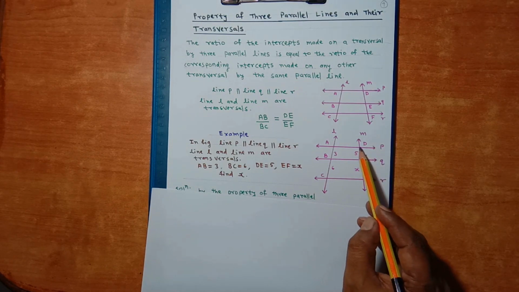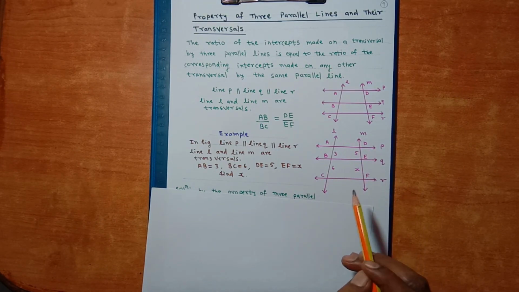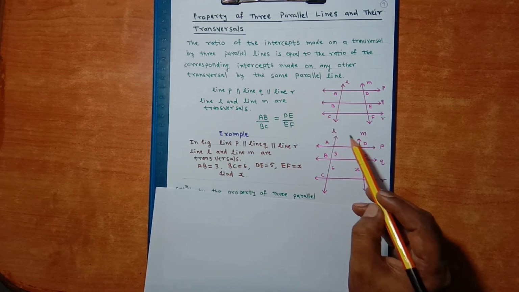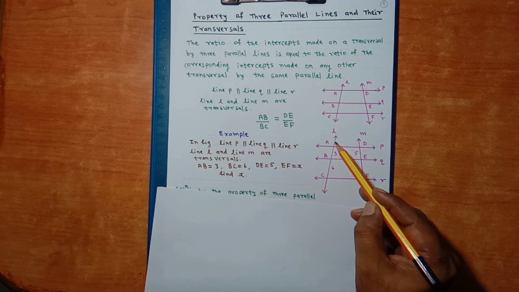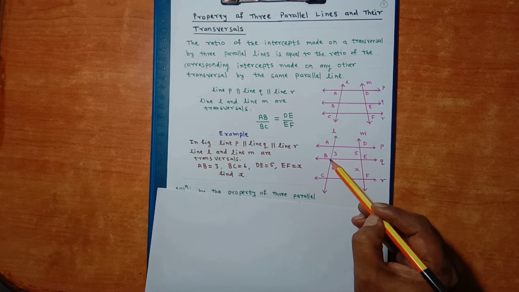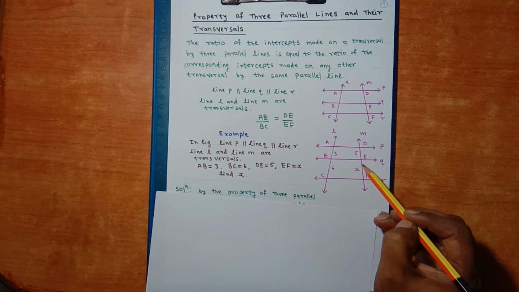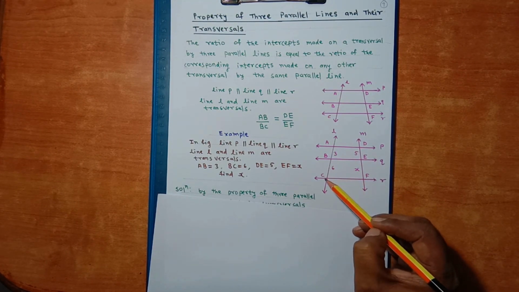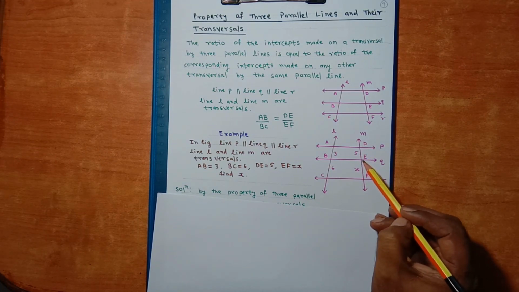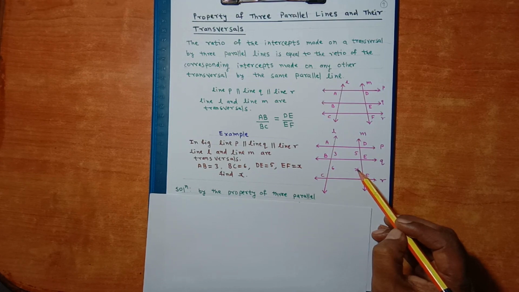In the figure, line P, line Q and line R are parallel to each other. Line L and line M are the transversals. Line L made the intercepts AB and BC. Line M made the intercepts DE and EF. Here length of AB is 3, length of BC is 6, length of DE is 5 and length of EF is x, and we have to find the value of x.